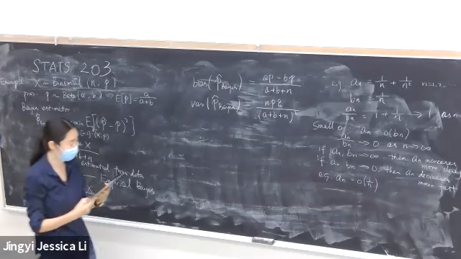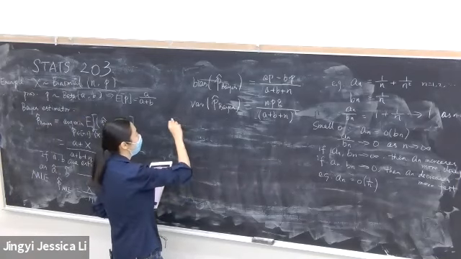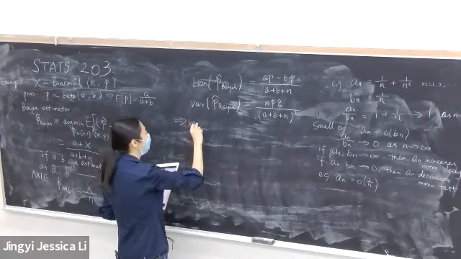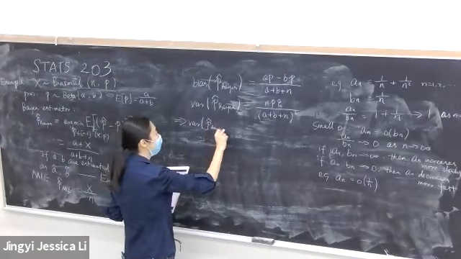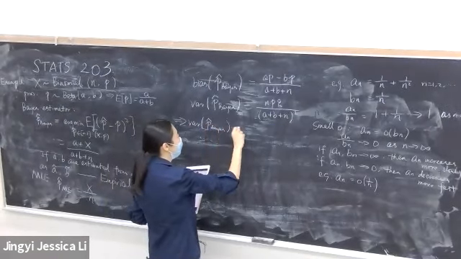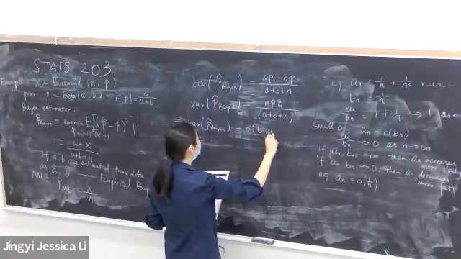Right? So in this case, using this small o notation, we can say variance is small o of the bias.